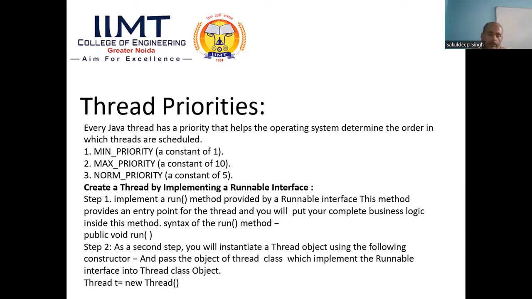Creating a thread. There are 2 ways of creating a thread. First, implement the Runnable interface. Second, extend the Thread class. There are 3 steps to create a thread by implementing the Runnable interface. Step 1, implement a run method provided by the Runnable interface.